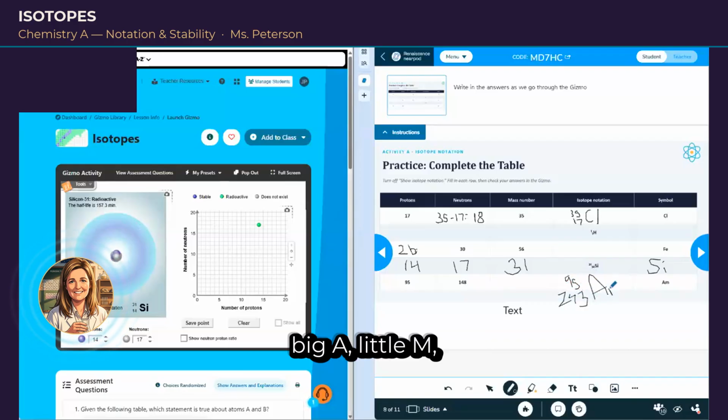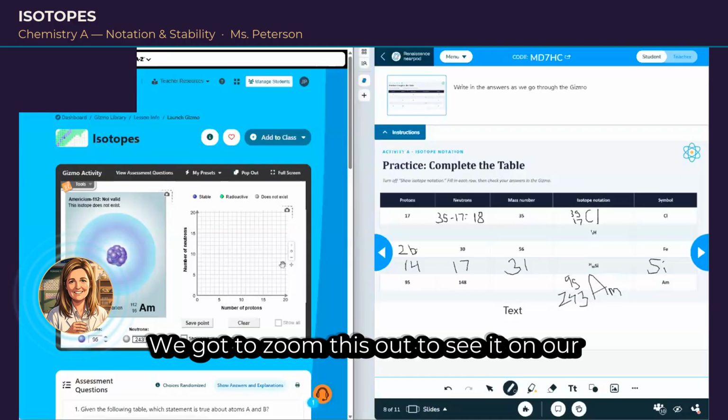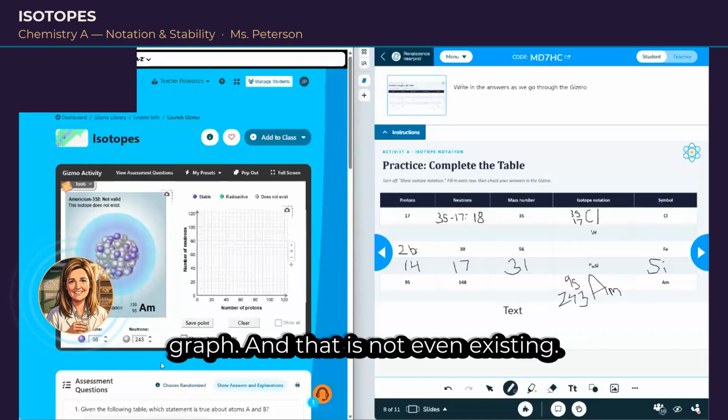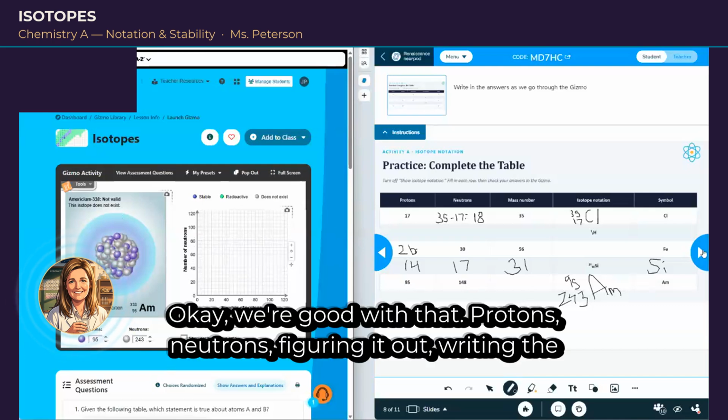Big A, little m. 95, 243. We got to zoom this out to see it on our graph, and that is not even existing. Okay, we're good with that.